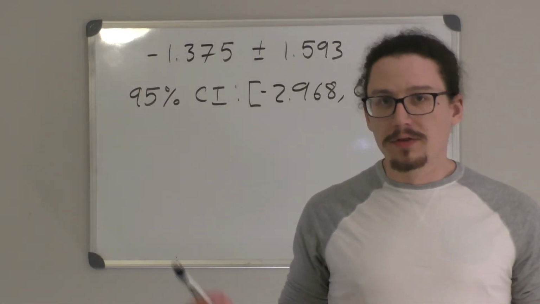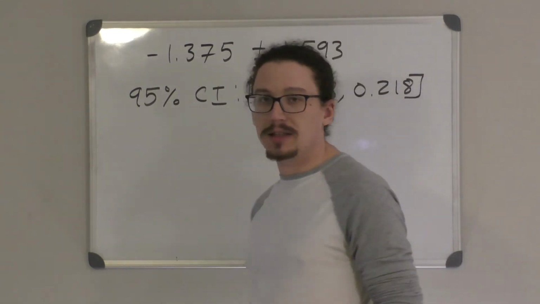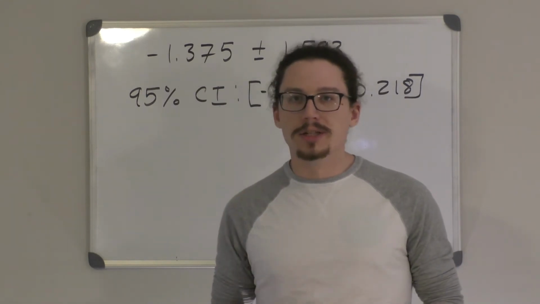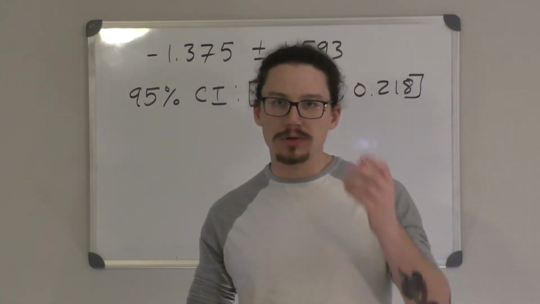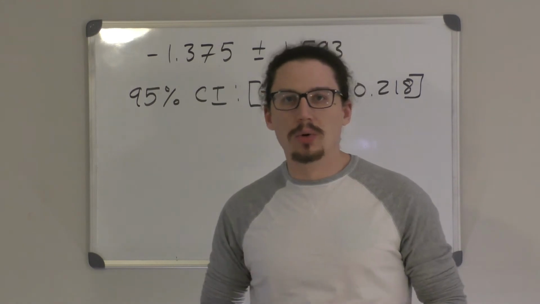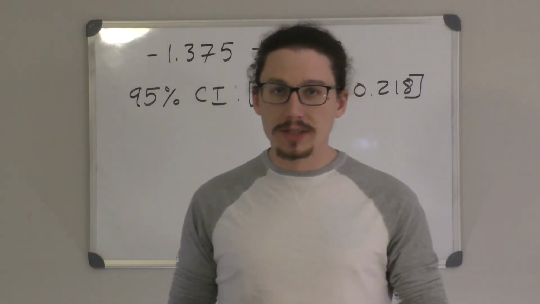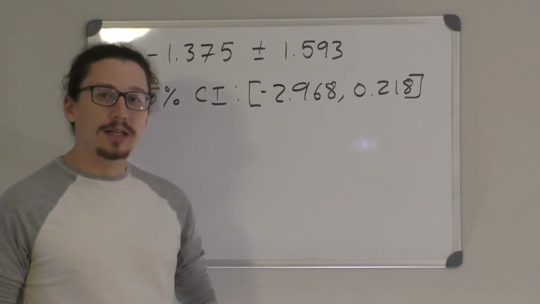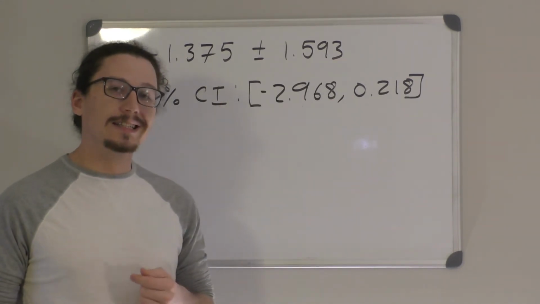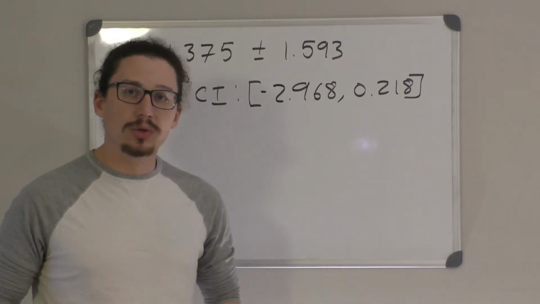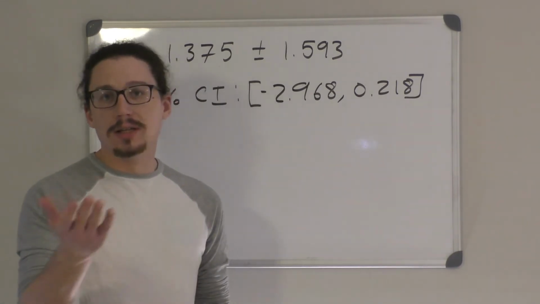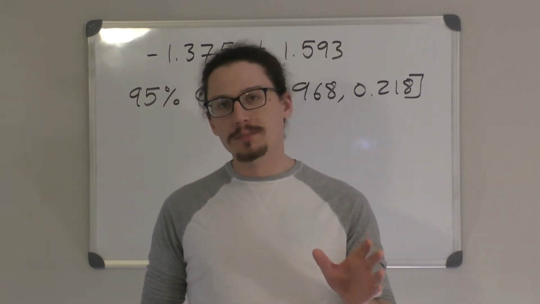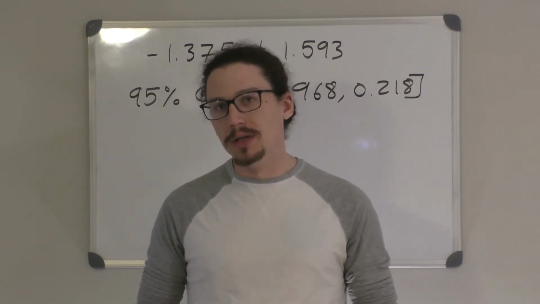We are 95%, or whatever the percentage is, confident that the population parameter is between those two numbers, whatever our upper and lower boundary are. Specifically for this example, I am 95% confident that beta 1 is between negative 2.968 and 0.218. That's the straightforward interpretation, but there's also something else that we might be interested in.